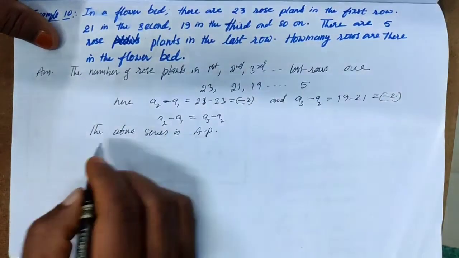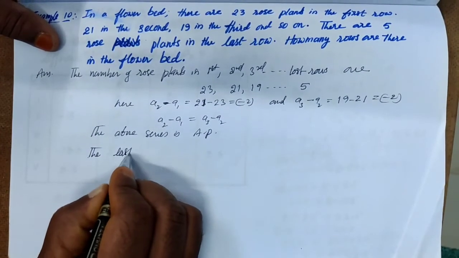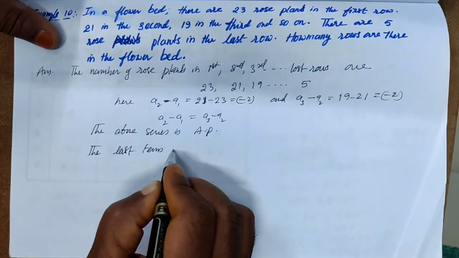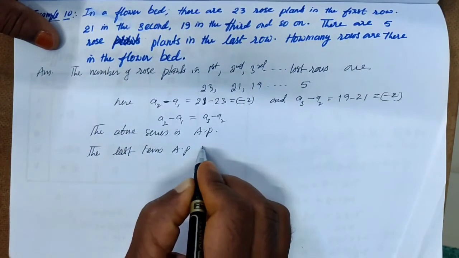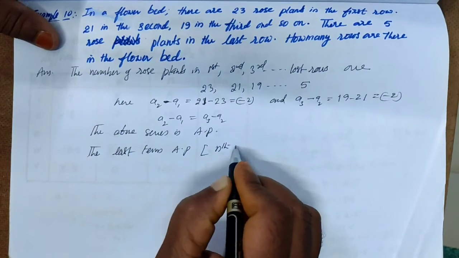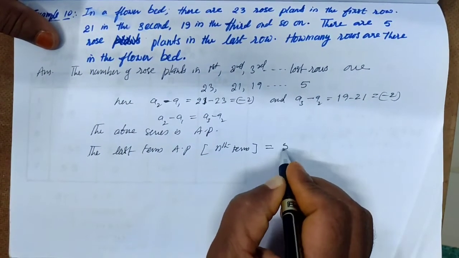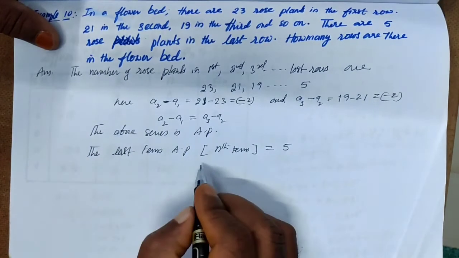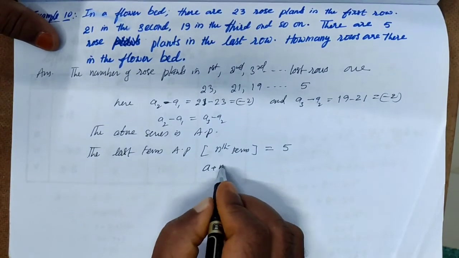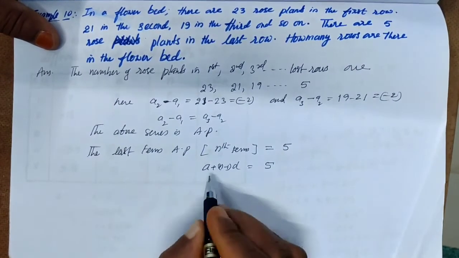So the last term of this arithmetic progression, that is the nth term, is 5. So what is the nth term? a plus n minus 1 into d is equal to 5. What is a here?